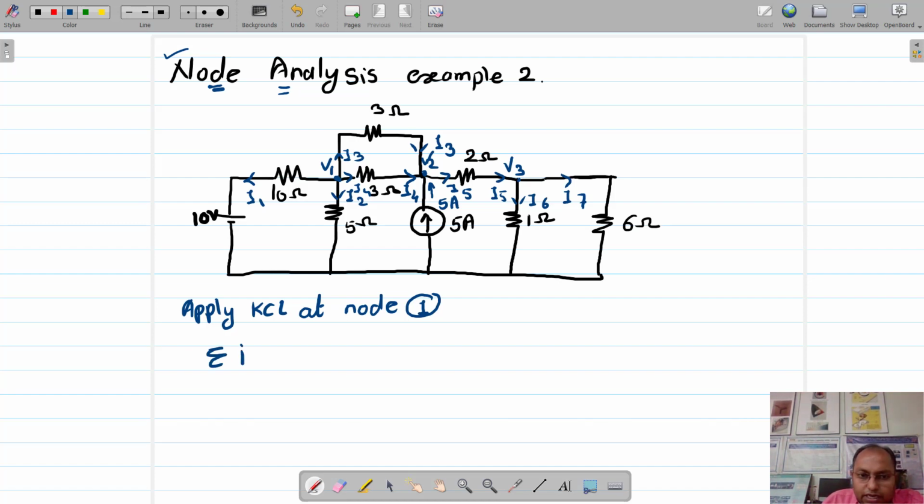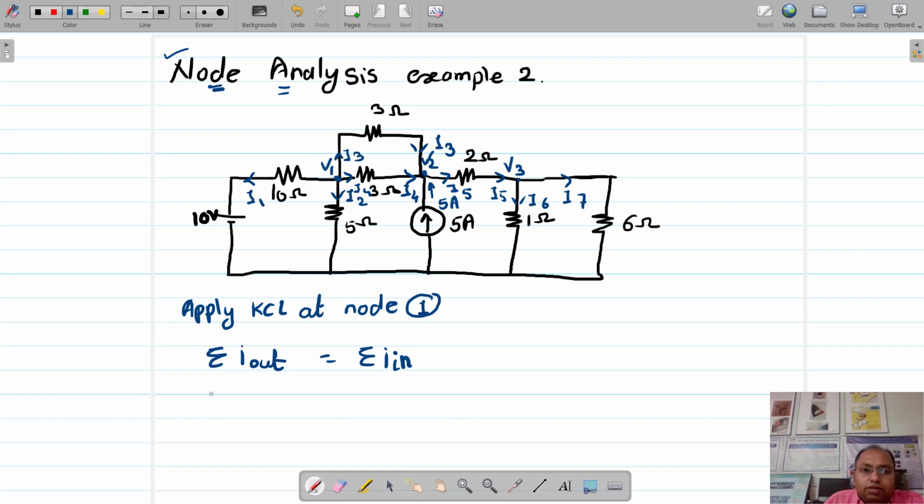The sum of outgoing currents is equal to the sum of incoming currents.